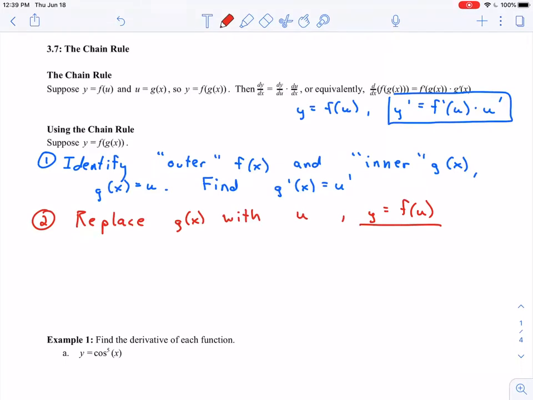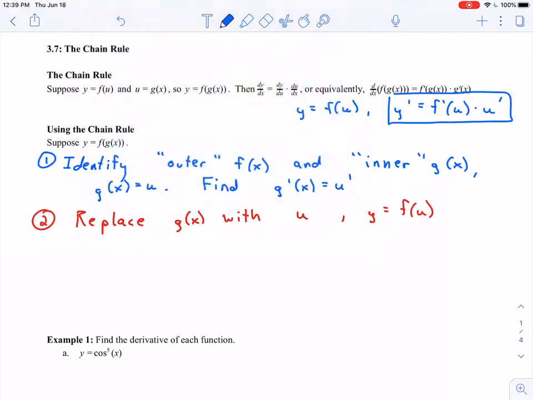What you'll have is a simpler function in terms of u. You should not have x anywhere in your equation whatsoever, because that x lives kind of inside of this u. So all we're doing is kind of rewriting the expression, and what we should end up with here is something that's a little bit simpler, something that's a little bit easier to manage.